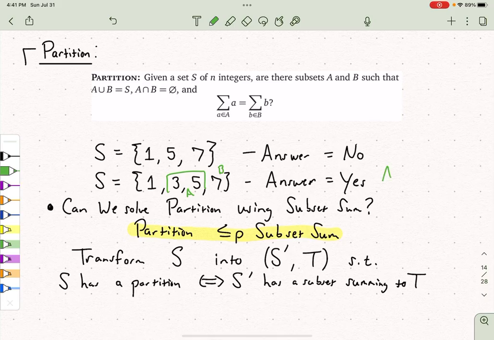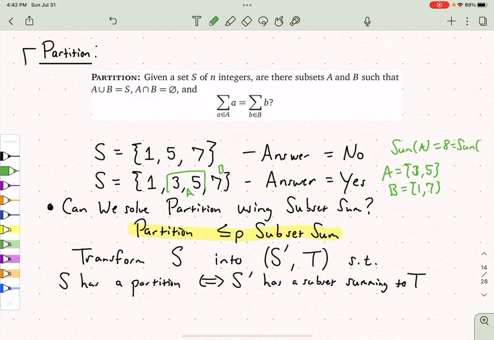Clearly the sum of A equals 8, which equals the sum of B. And I'll use the notation sum of a set to mean the sum of things in the set. So in this case, we have a yes instance, and so our answer is yes.